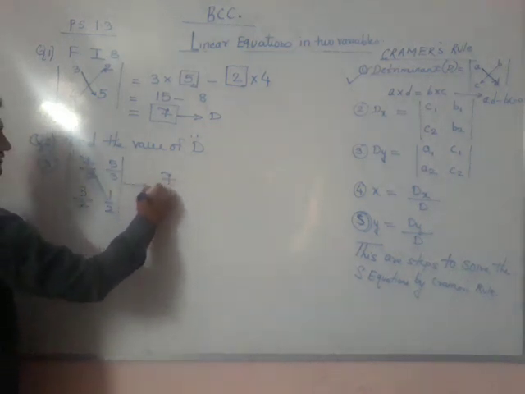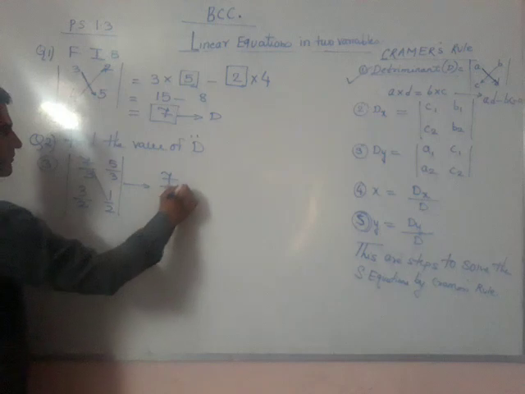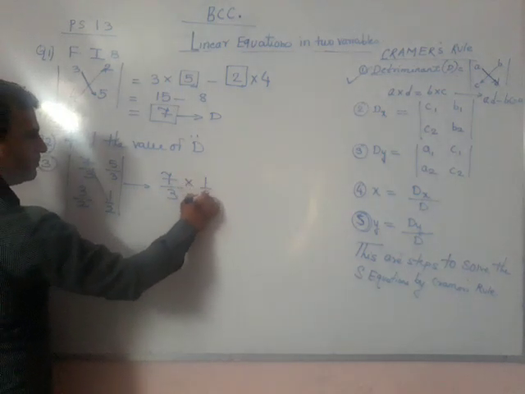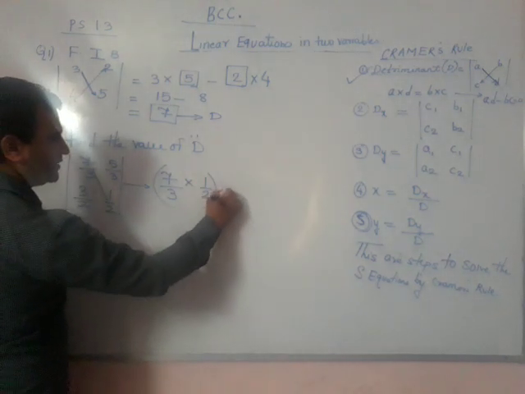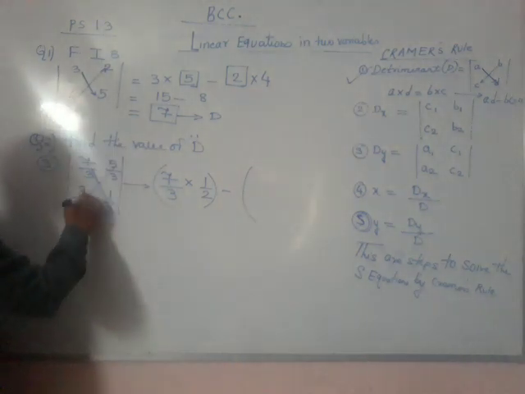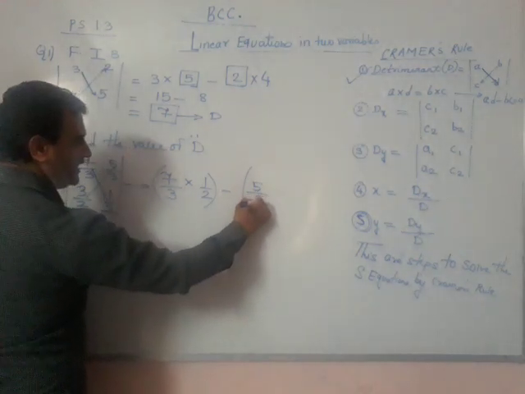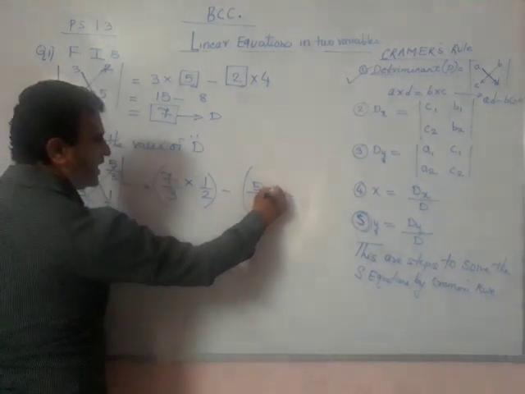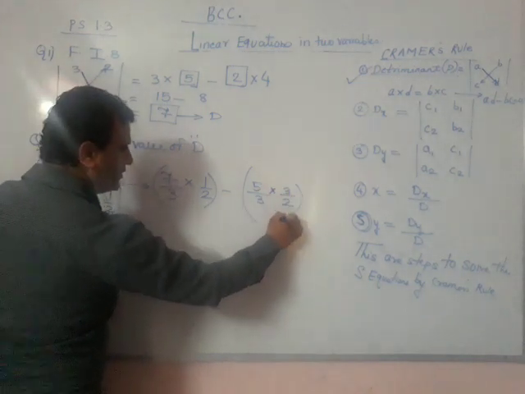Cross multiplication: 7/3 multiply by 1 upon 2 itself in the bracket, minus 5 upon 3, multiply by 3 upon 2.